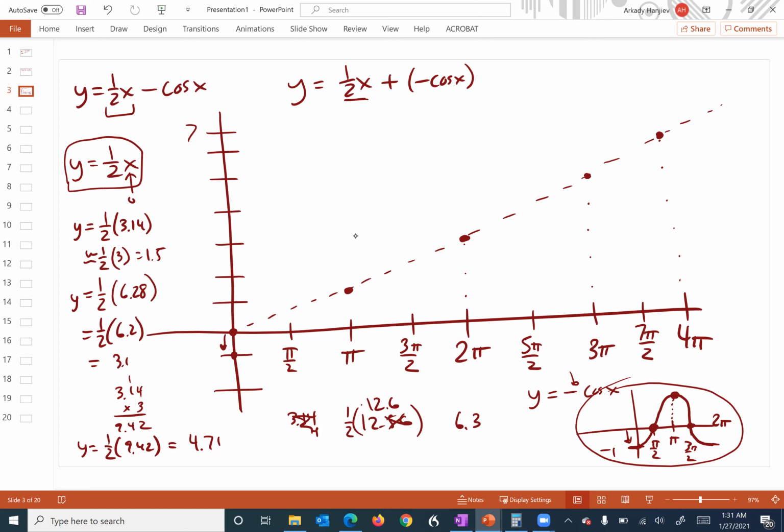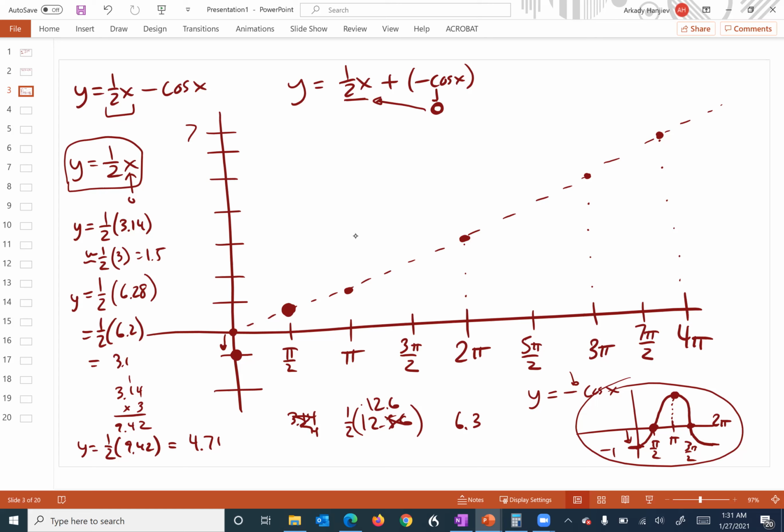It goes down away from the original point, down 1. At pi over 2, which is easy to get, it's going to hit a 0 marker right here, right? So it's not going to change anything that this has done. So it's going to hit us right at the new 1/2 x marker.